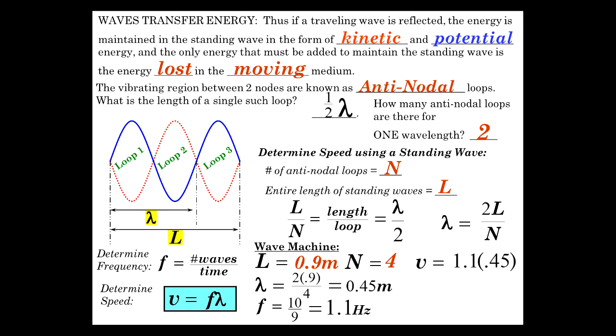We have the data, 1.1 times 0.45, about 0.5 meters per second. So that's an example of how we can use standing waves to determine wave speed in a medium. That may not have been so much fun, but it illustrates some of the ways in which this wave theory can solve problems for us. And we will conclude with that and move on to the next thing.